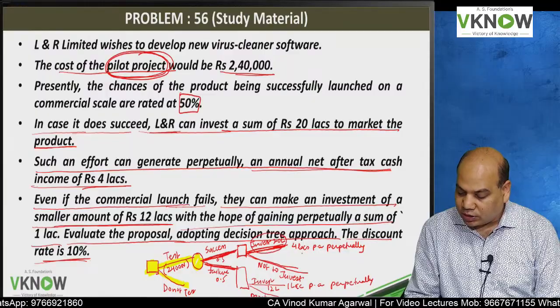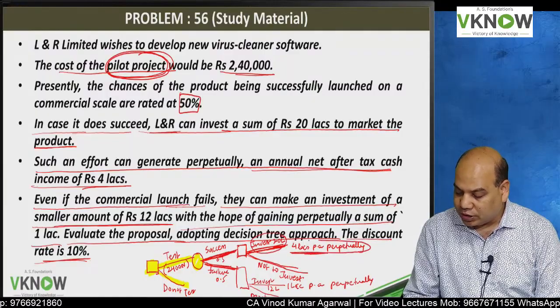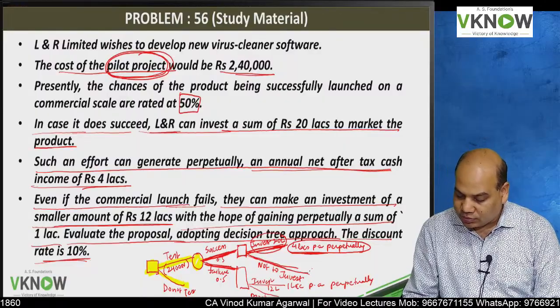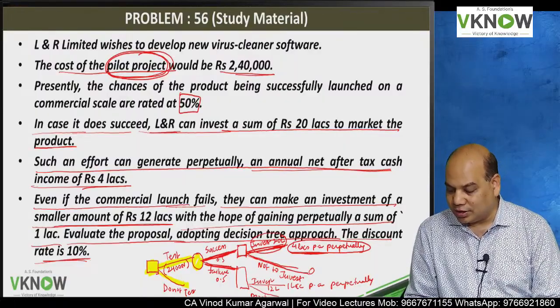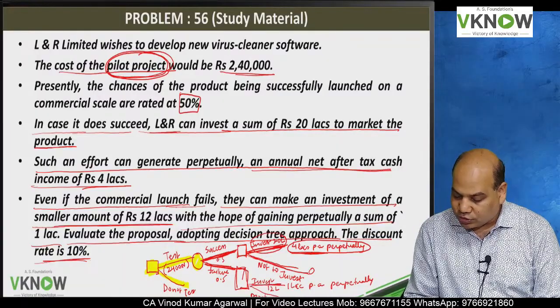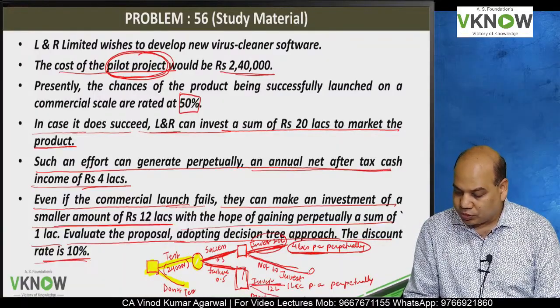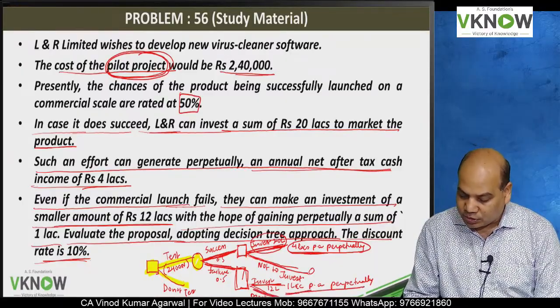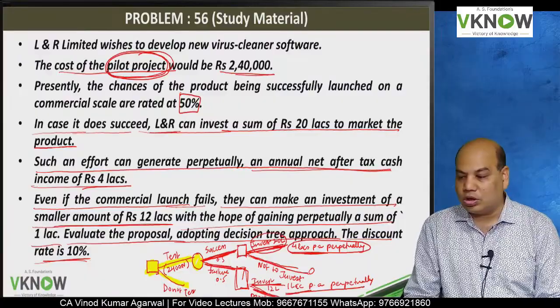If you invest 20 lakh, cash inflow generated will be 4 lakh per annum. And if you do not invest, you will not get anything. The second is, if you fail, you have to invest 12 lakh rupees, option 1, which will generate 1 lakh per annum perpetually. Or the second option is below, do not invest.